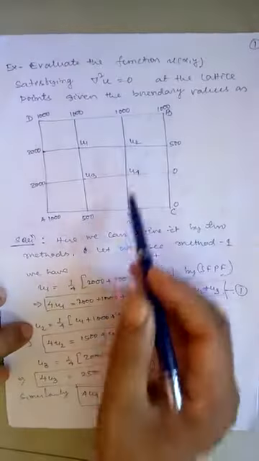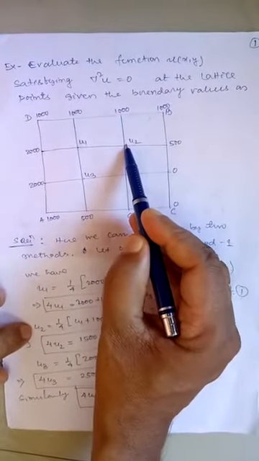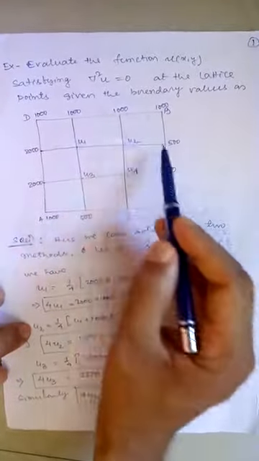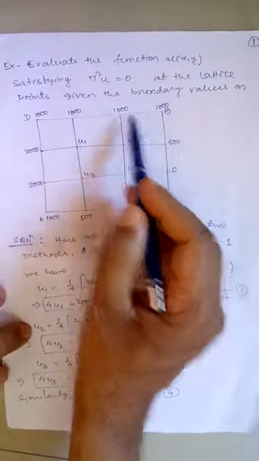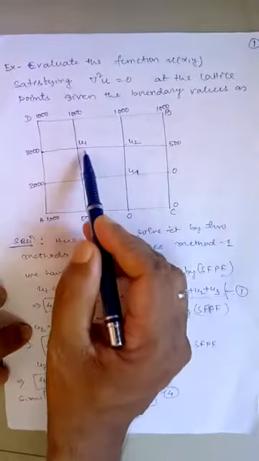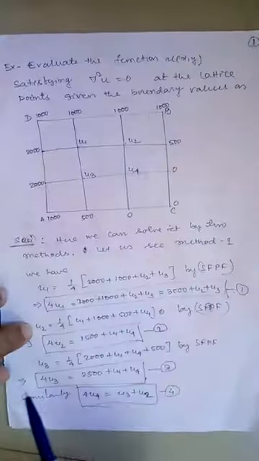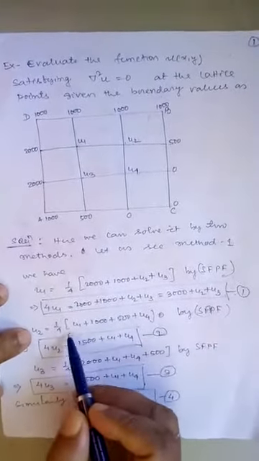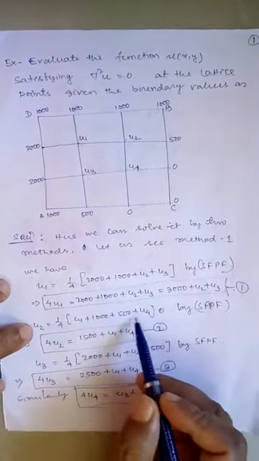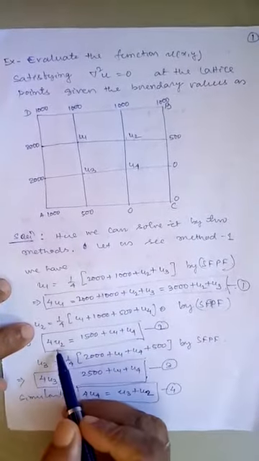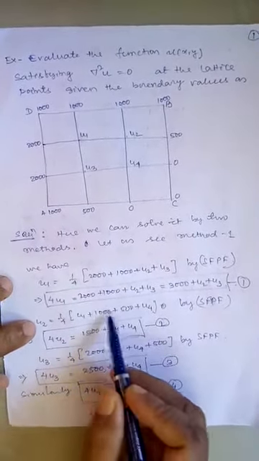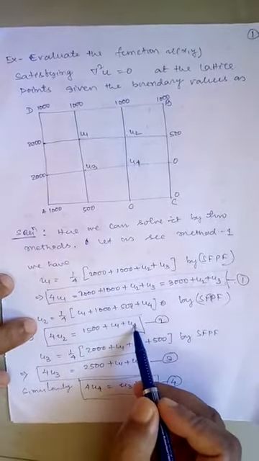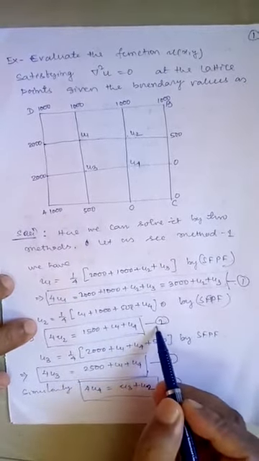Now let us go for u2. u2 will be 1 by 4 into 1000 plus 500 plus u4 plus u1 by the standard 5-point formula. And so 4u2 equal to 1500 plus u1 plus u4. Let us write it as equation 2.